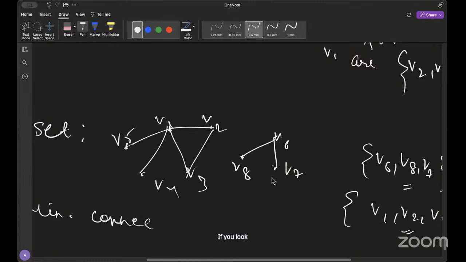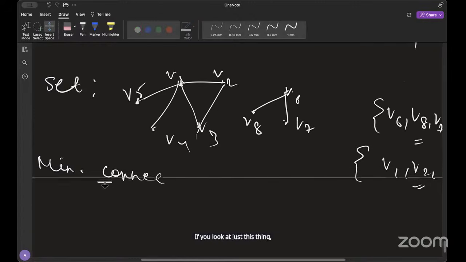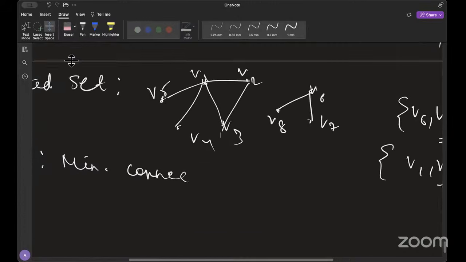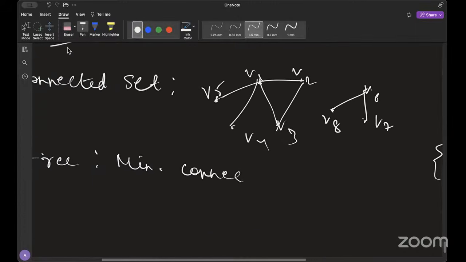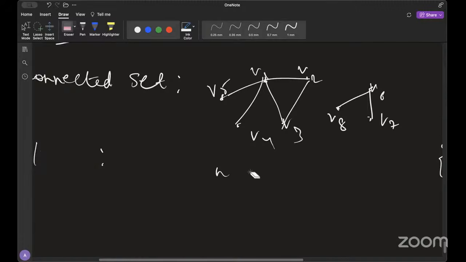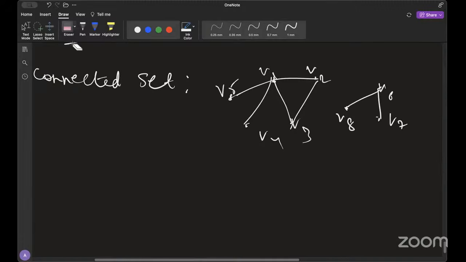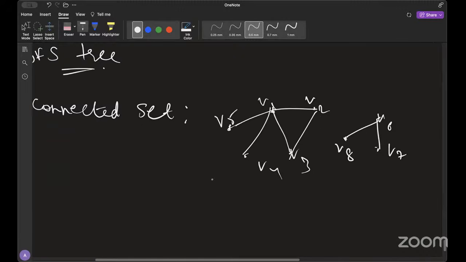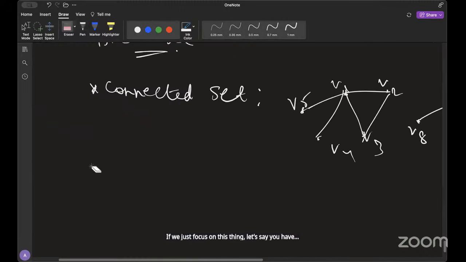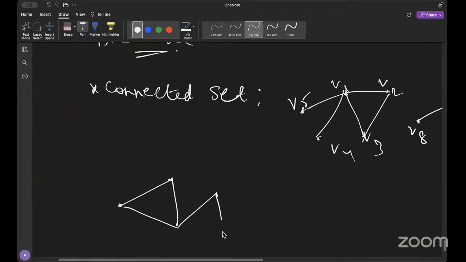If you just focus on this thing, let's say you have V1, V2, V3, V4, V5.